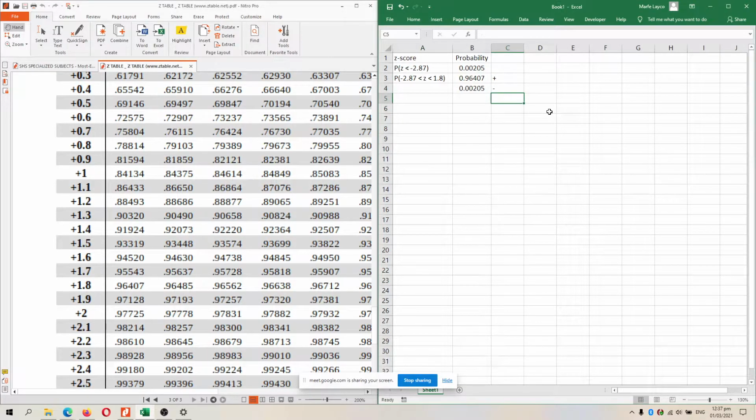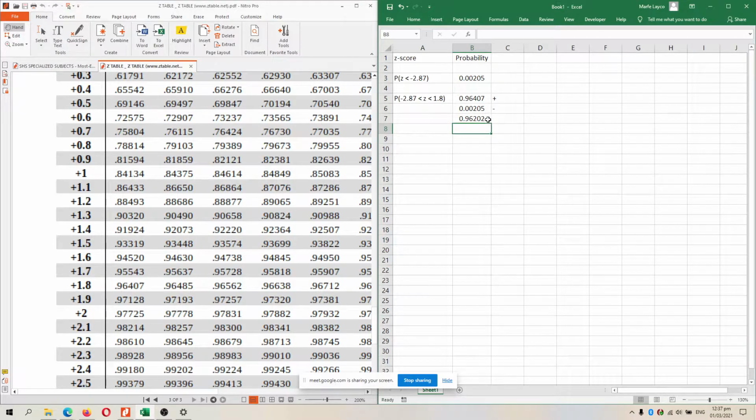Okay. Since ito is a positive z-score, so, lagyan natin, positive z-score yan. Ito, negative z-score yan. Dahil negative 2.87, kukunin natin ang difference nila. Yan. So, ang difference nila is 0.96202. Yan.